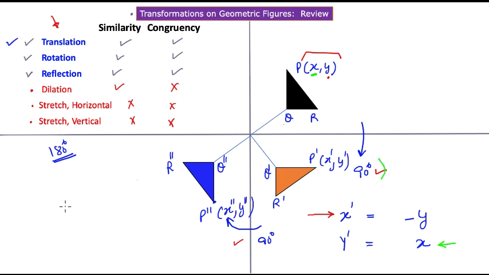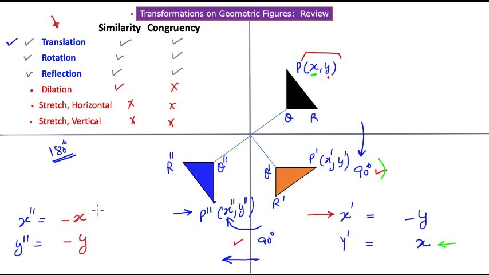Keeping the same logic in mind, when you apply one more rotation of 90 degrees, the new coordinates will be x double prime and y double prime, because we are right here now. Apply this rotation one more time and you will find that x double prime is equal to negative x and y double prime is equal to negative y.